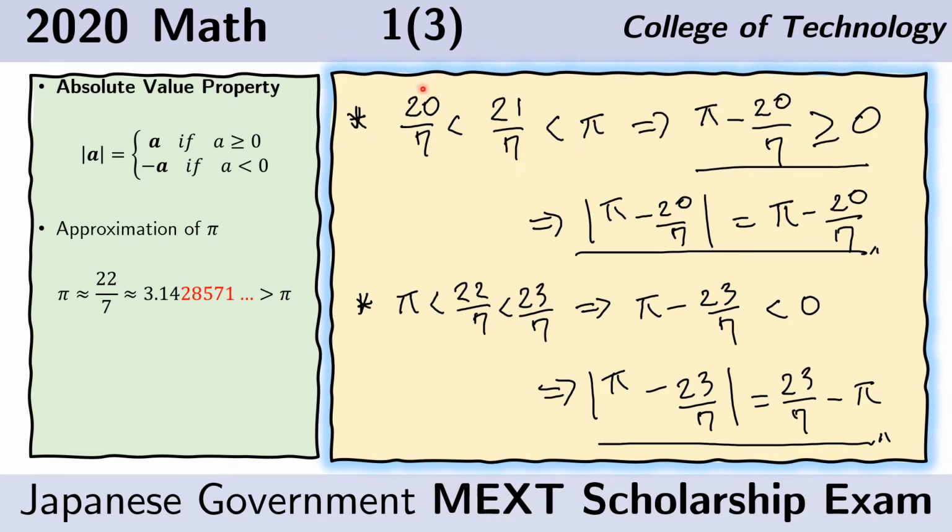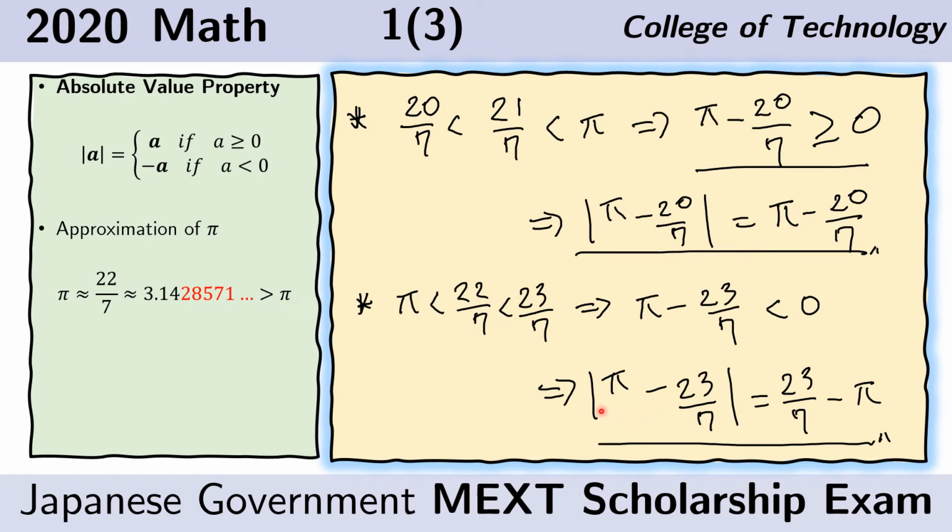And so, if we move this bit 20/7 to the other side, we are left with this inequality. Strictly speaking, this should have been just greater than, but we added the greater than or equal to symbol instead, so that it will conform to this inequality here in the first case. And by doing that, we see that pi minus 20 over 7 is positive, so it's with this case here, and so we can just remove the absolute value symbol and we just get the expression here.